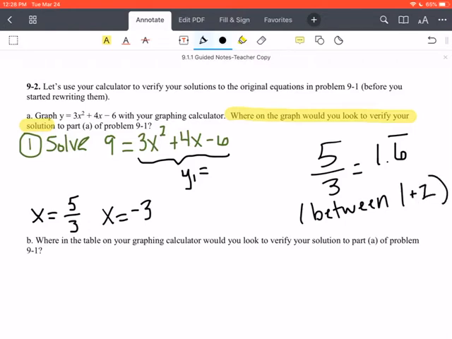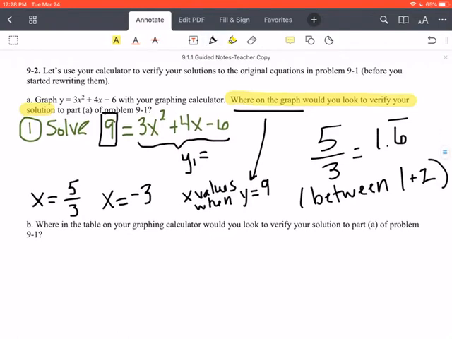And then I said it looked like our other solution when y was 9 was between negative 2 and negative 3, and our solution was exactly negative 3. So where on the graph did we look? On the graph, we looked at the x values when y equaled 9. And that is how you can check from now on the solutions that you get to any given equation. This is in place of y, so that's why we looked at y equals 9.